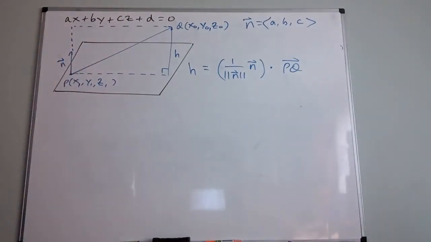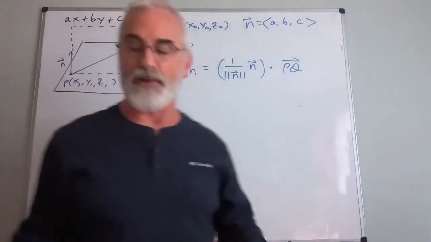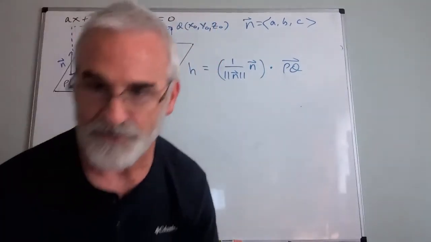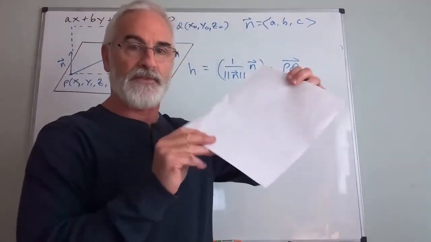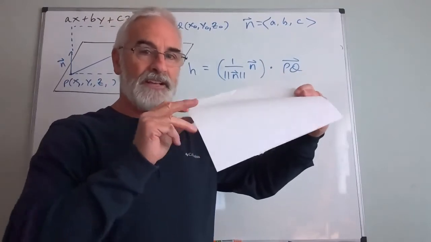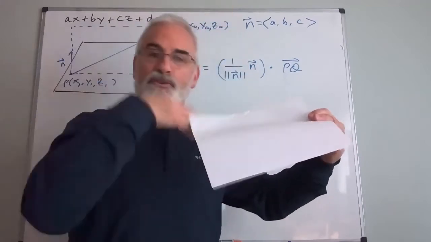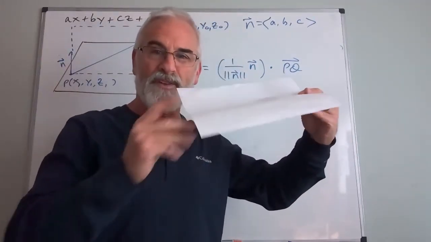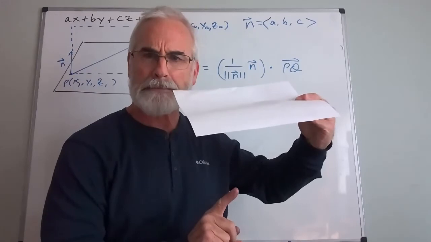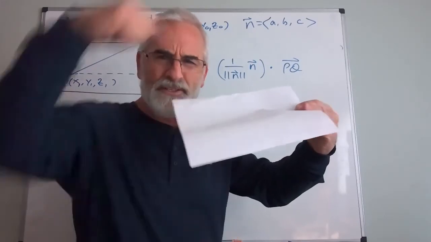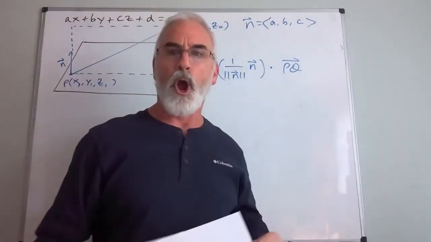Now, there is one small potential issue. If I gave you an equation of a plane in 3 dimensions, so here's my plane in 3 dimensions. Pretend this is infinite. And I said, how far is this point to the plane? And you're doing all of this problem. Everything's wonderful. But what if my point was on the other side of the plane? How do I know which side of the plane I'm on? I don't.